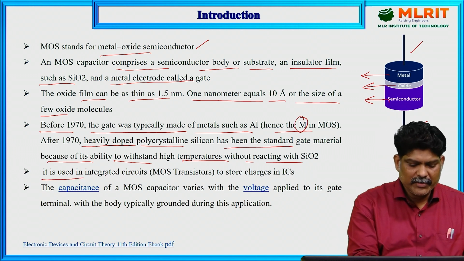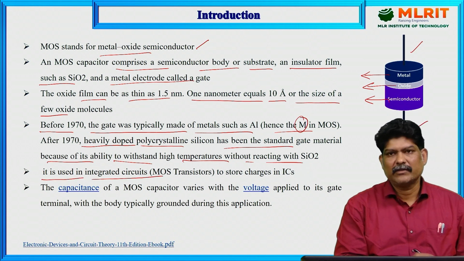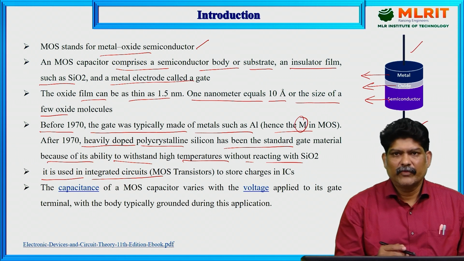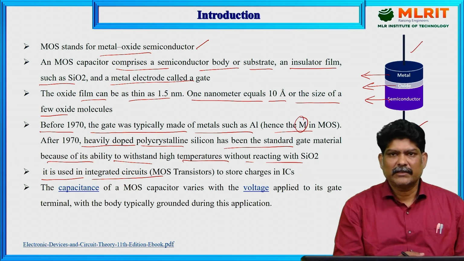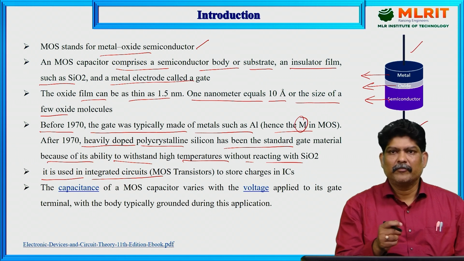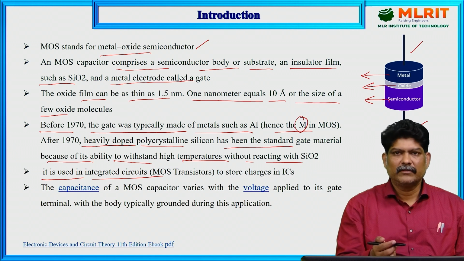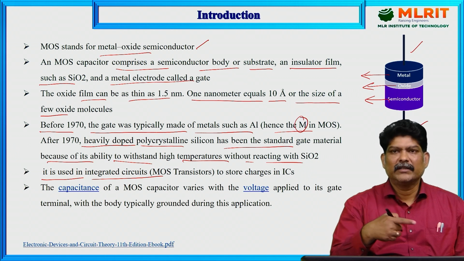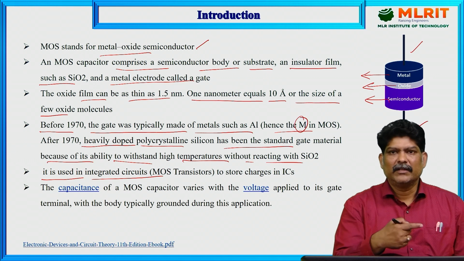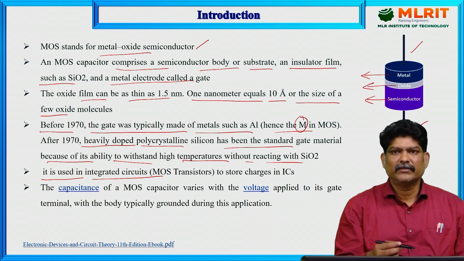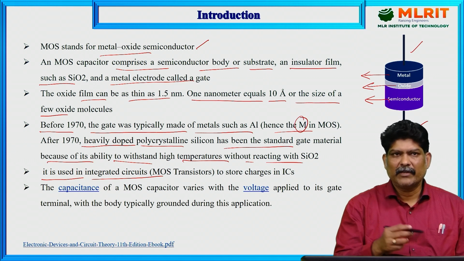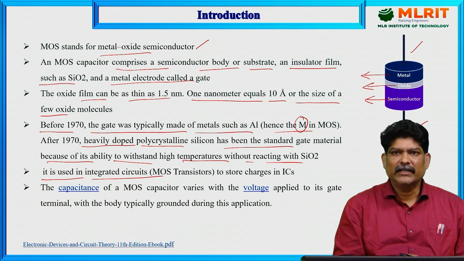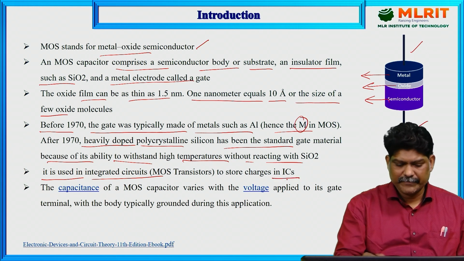It is used in integrated circuits and MOS transistors. This is where we can use MOS capacitors, particularly in MOS transistors. Individually it cannot be used. In the MOS transistor we can use this MOS capacitor, particularly to store charges in integrated circuits.